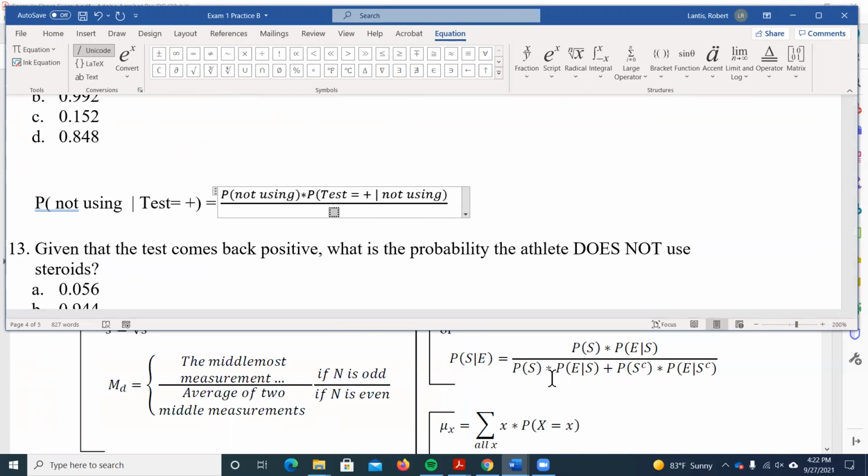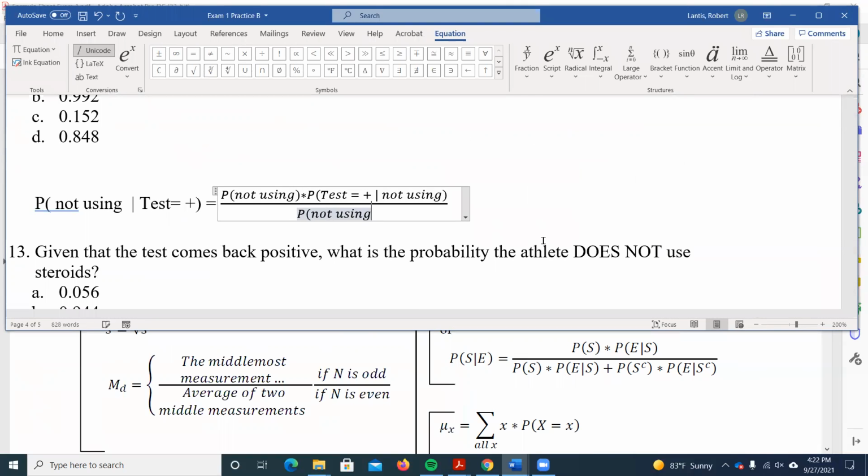Now notice the first part of my denominator is the exact same thing as my numerator. So really, I could just write this out again. I'm looking for the probability that someone's not using, multiplied by the probability the test comes back positive given they're not using. And then I'm going to add to that the probability of S complement.